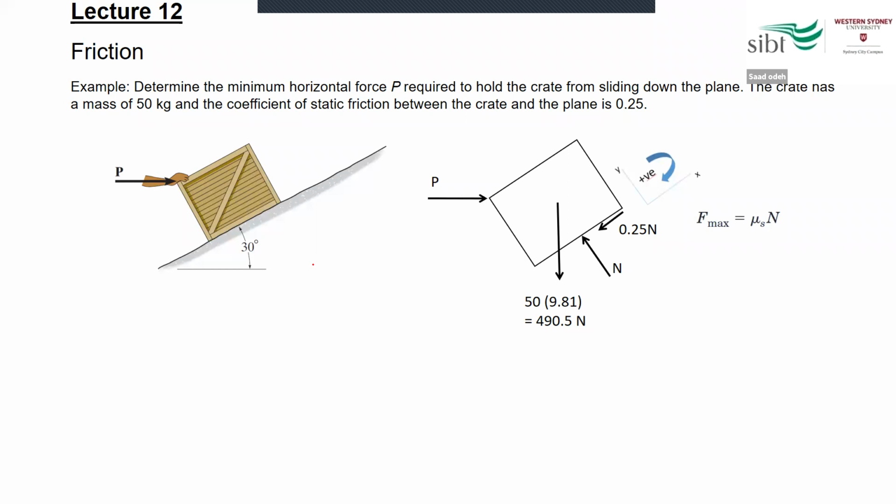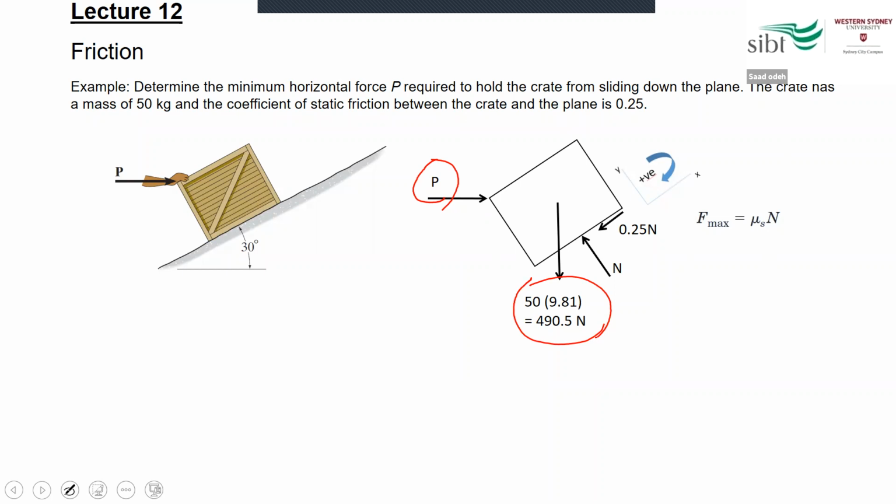And we said that to solve this problem, you first need to draw the free body diagram, as we did before. When you draw the free body diagram, we should put all the forces acting on the object. In this case, we have the value here of P, which is unknown, but we know other values. We know the weight of this box, because we know the mass.